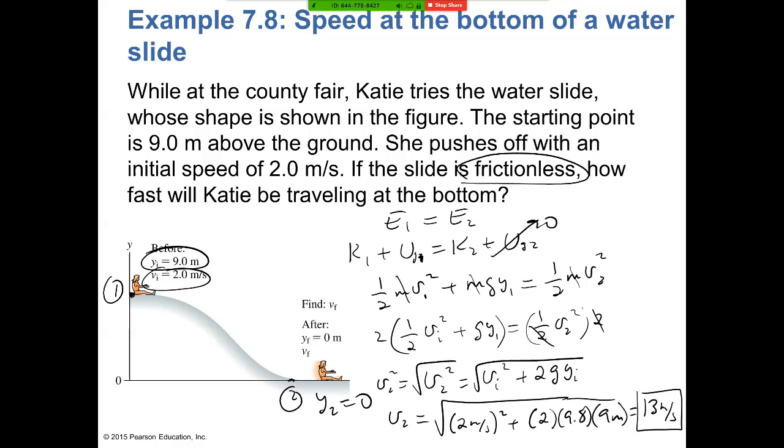Because there is no friction and only a conservative force acting on her, I could calculate the speed at the bottom using conservation of mechanical energy. That's one thing I could do with the energy approach, and you can see how easy it was.